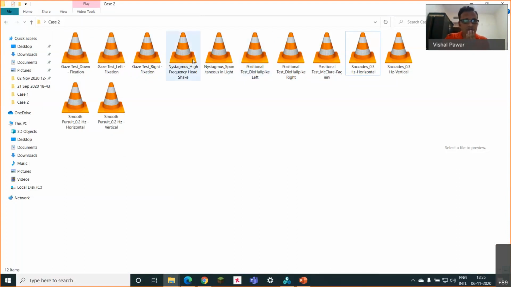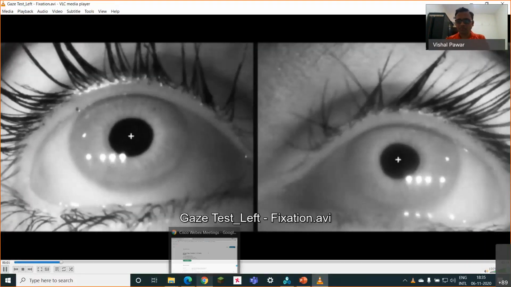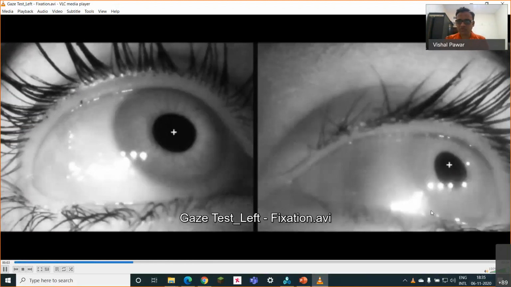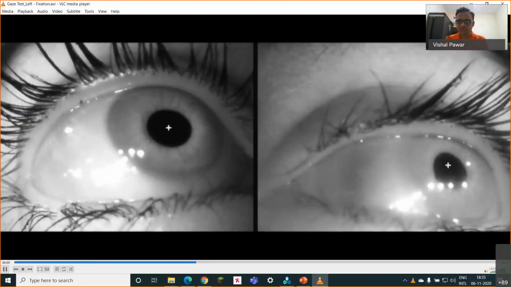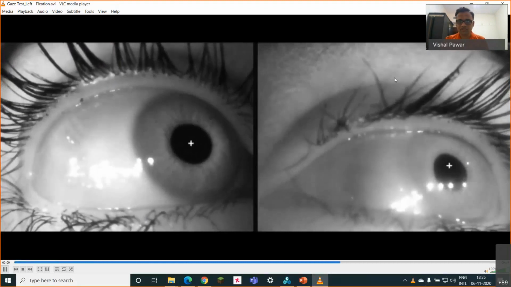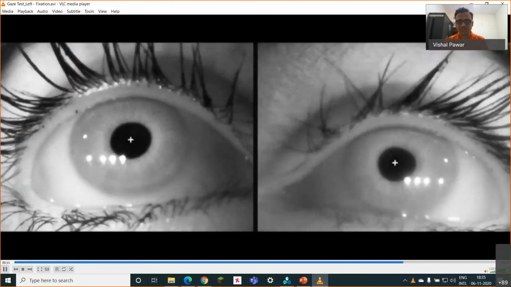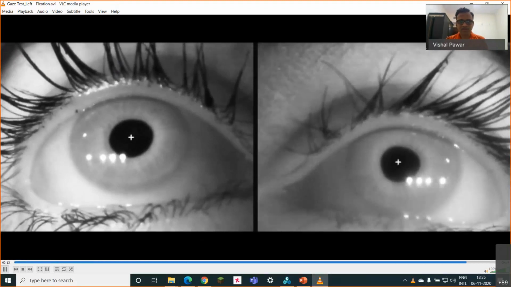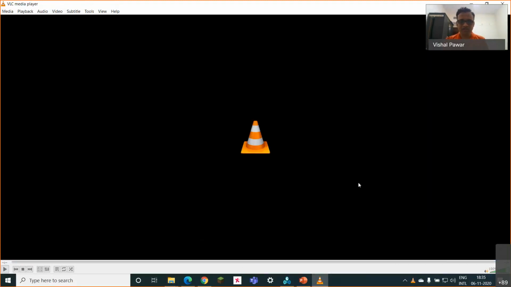I will show the pure torsional nystagmus. Can you appreciate this pure torsional nystagmus? The upper pole is beating to the right side.